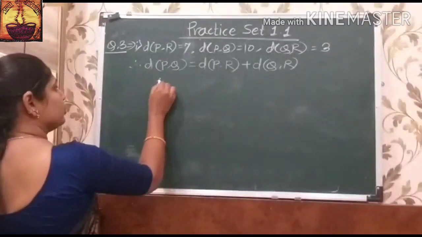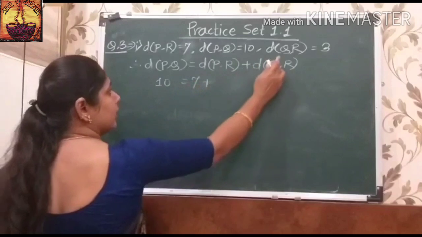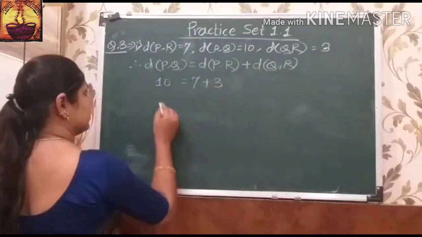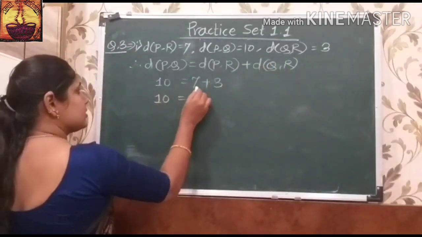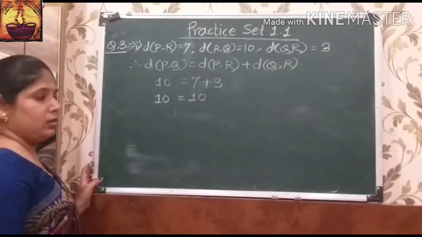Now, write here these quantities. PQ is 10, PR is 7 and QR is 3. Here 10 is equal to 10. Both the sides are equal.